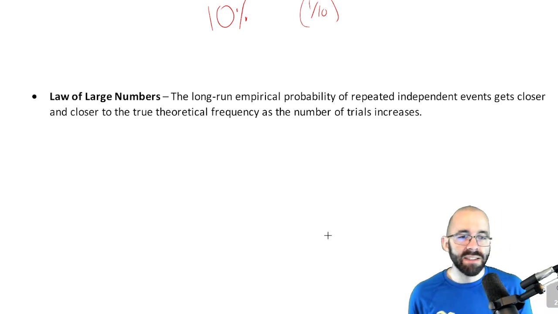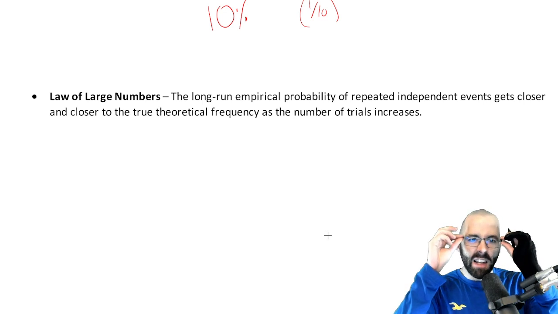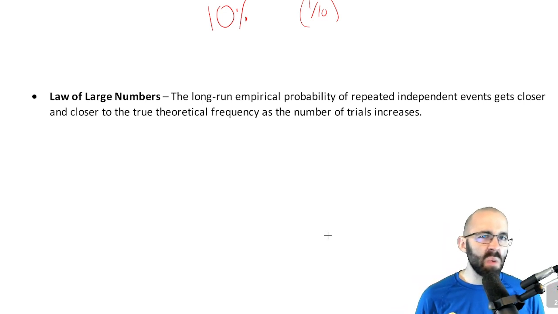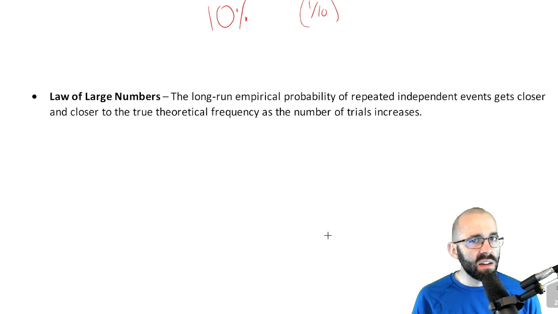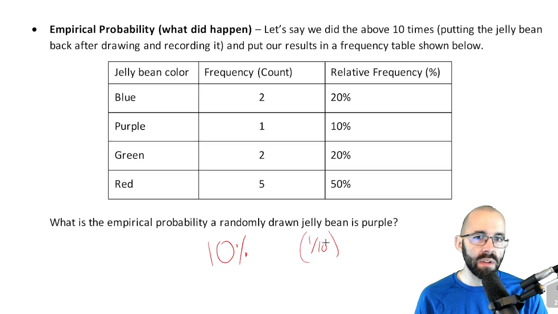That brings us to the last thing in this welcome to probability. It's called the law of large numbers. We won't get into this too much. This is a little bit more complicated. But basically what this is saying is that if we get enough data, if we run an experiment enough times, the empirical probability will get really close to the theoretical probability.